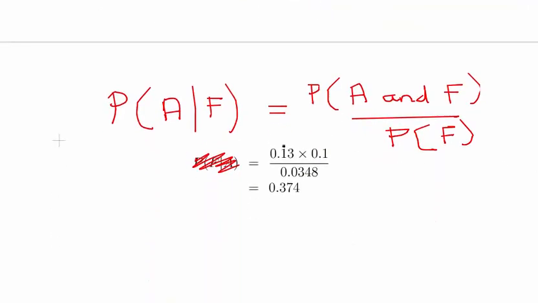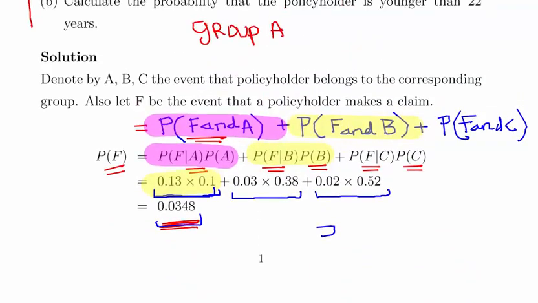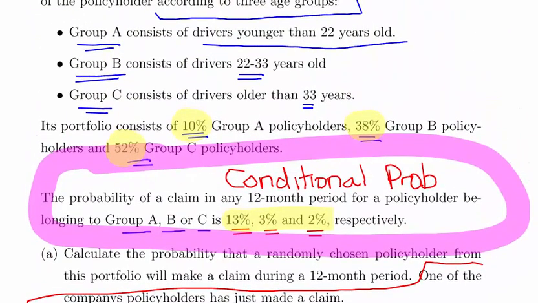So that's 0.13 times 0.1 divided by 0.0348, and that should work out to be 0.374, 37.4%. Which makes sense because even though we don't have a lot of Group A policyholders, a lot of them will make a claim. So that's it. We'll leave it there.